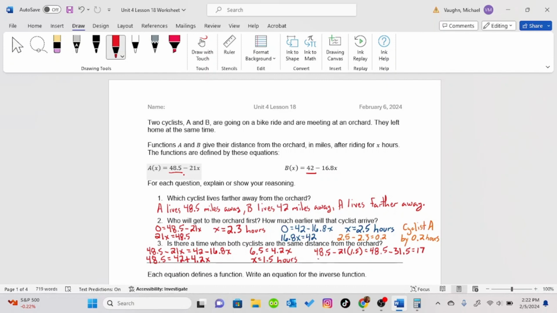So after 1.5 hours, both will be 17 miles from the orchard.